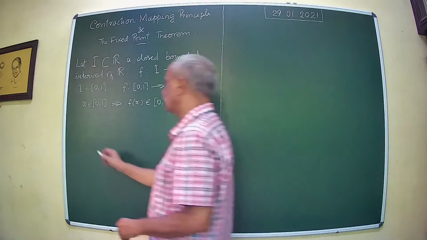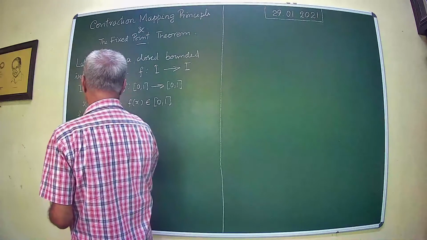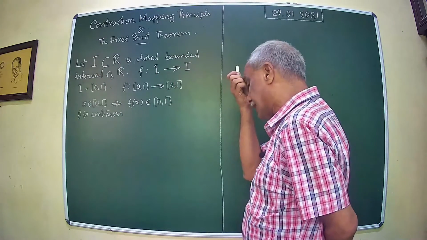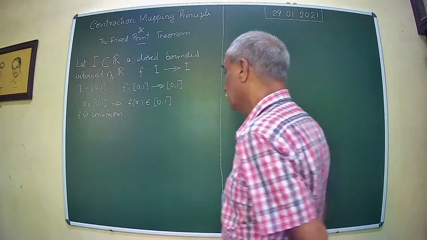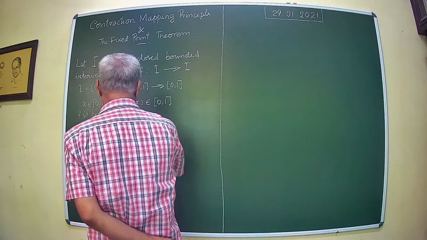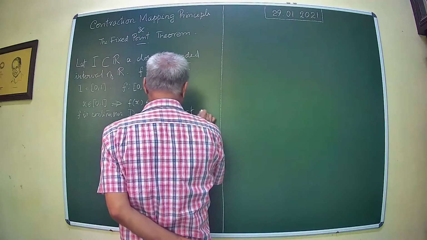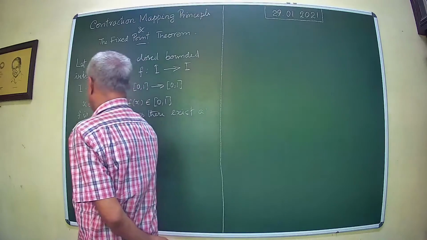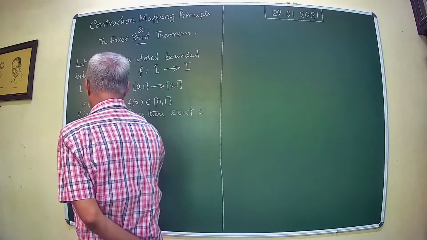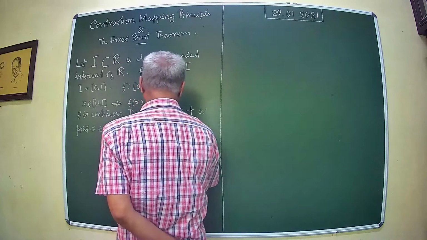We also assume f is continuous, like a polynomial. Now the question that you ask is the following. Does there exist a point x belonging to [0, 1] such that f of x equal to x?